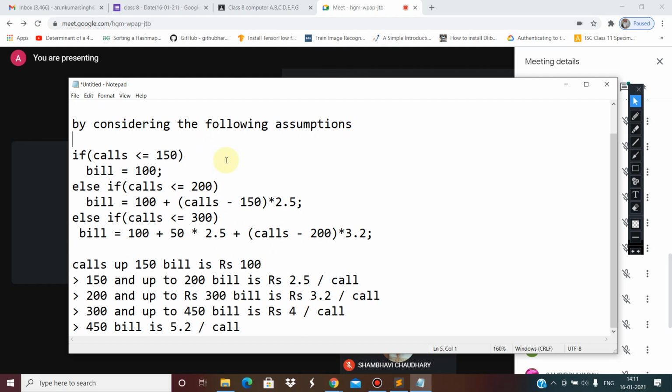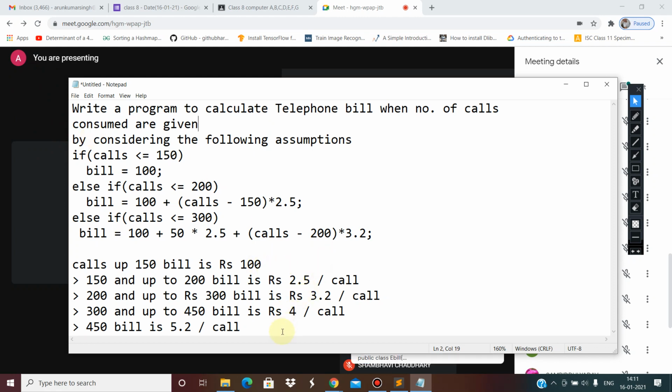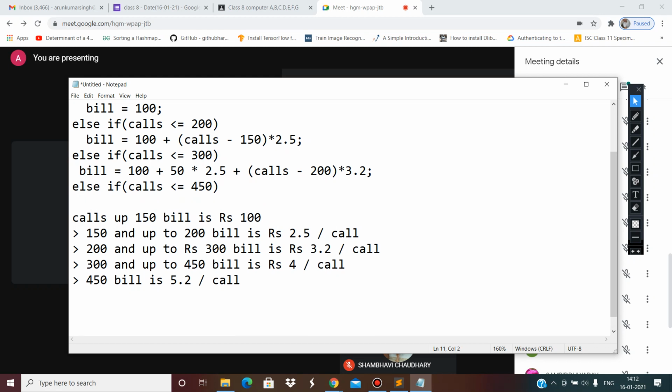These questions are very simple. You need to just apply the conditions. Got it? And now here again the else part. Else if calls are less than or equal to 450. Now what to write? Bill equals 100 plus 50 into 2.5.